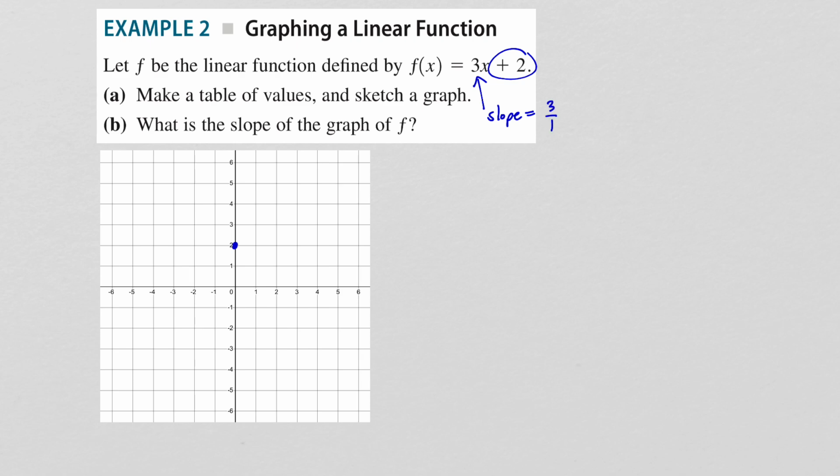And 3 is the same as 3 over 1, which means from this point, we can go up 3 to the right 1. And then we could put another point. And all we need to graph a line is 2 points. And for the second part, what is the slope of this graph? Well, the slope is 3 over 1.